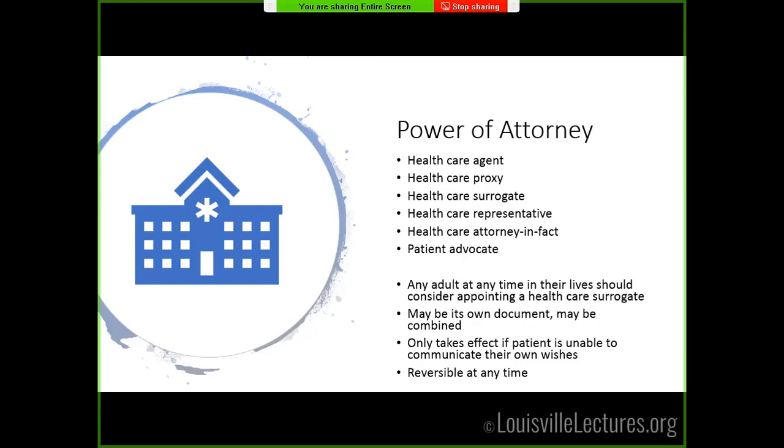But with any of these terms, the idea is that they have a piece of paper that says who the person is. If they cannot express their own healthcare wishes, this is who you should talk to. And so any adult at any point in their healthcare life should consider having a document like this, because the unexpected can happen. And we want to make sure that we're prepared and we know what people's wishes and concerns are.